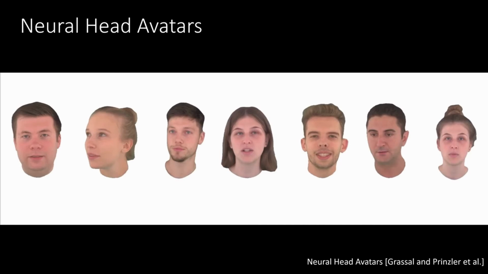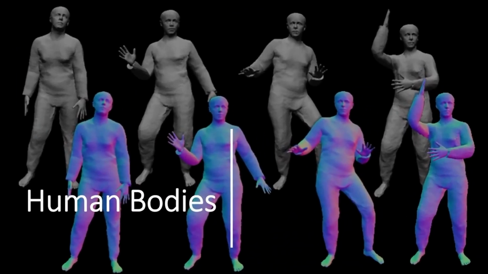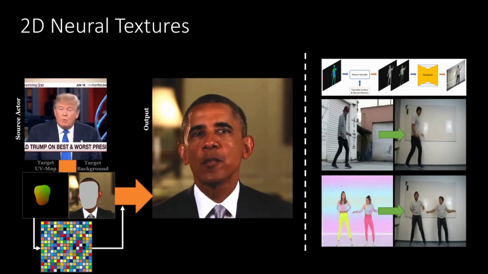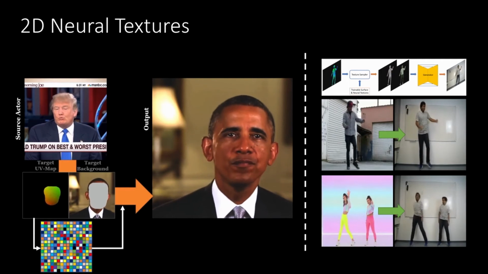And exactly the same principles can be used for representing bodies. When reconstructing bodies, you can actually again have the two different styles of neural rendering. You can do a 2D neural rendering, as we did here in these projects, or you can do this also in 3D.